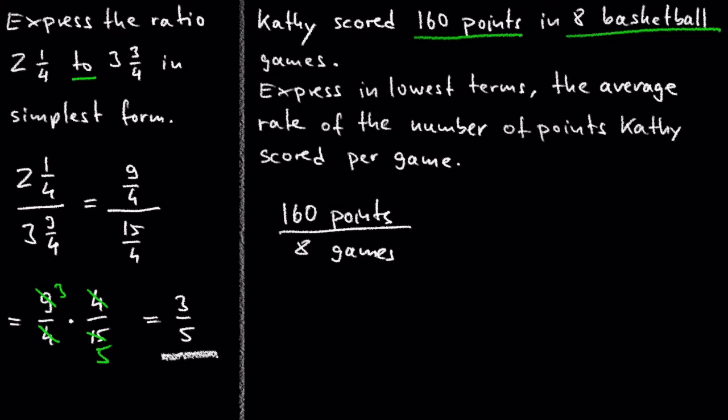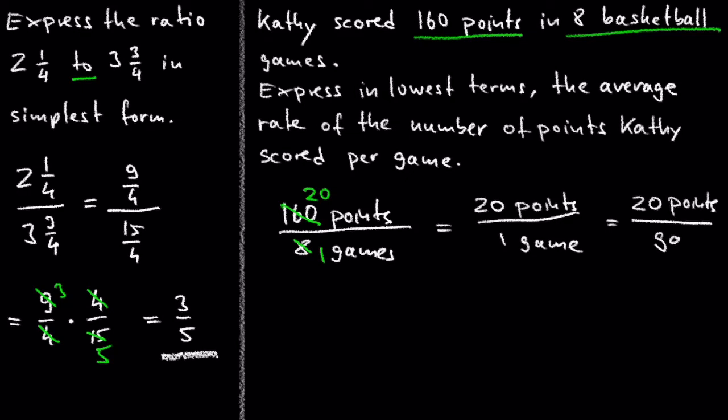And after simplifying, we get 20 points per 1 game, which is then 20 points per game. So Kathy scored points at an average rate of 20 points per game.